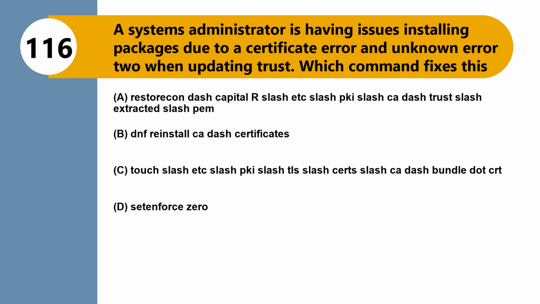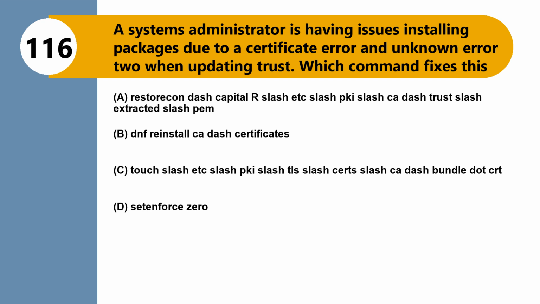Question 116. A systems administrator is having issues installing packages due to a certificate error and unknown error 2 when updating trust. Which command fixes this? Option A, restorecon -R /etc/pki/ca-trust/extracted/pem. Option B, dnf reinstall ca-certificates. Option C, touch /etc/pki/tls/cert/ca-bundle.crt.